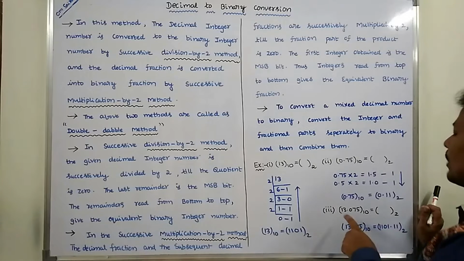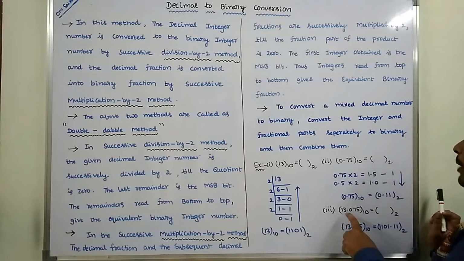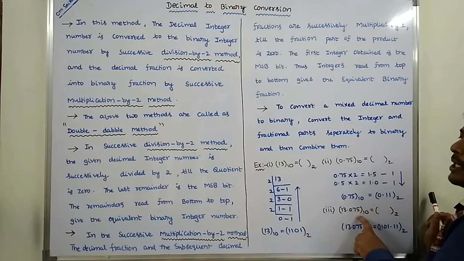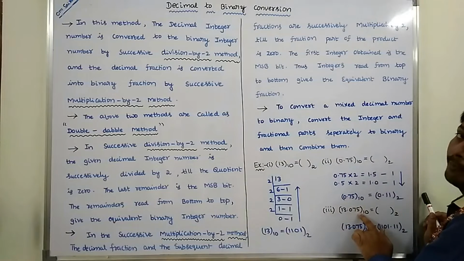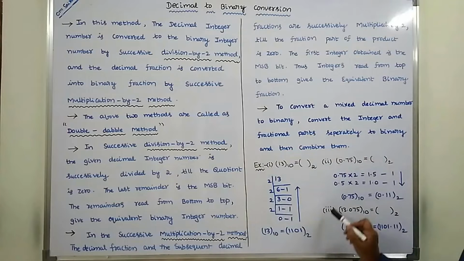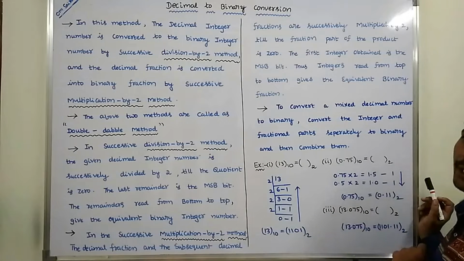To solve this type of problem, this number contains one integer part and one fraction part. It is a mixture of a decimal integer number and a decimal fraction number.